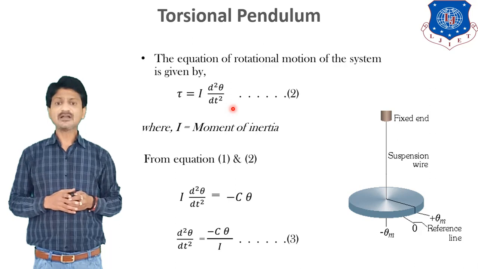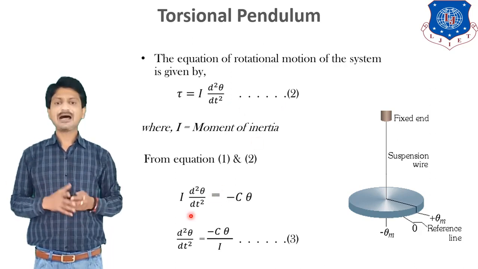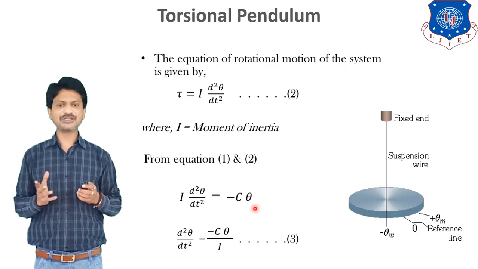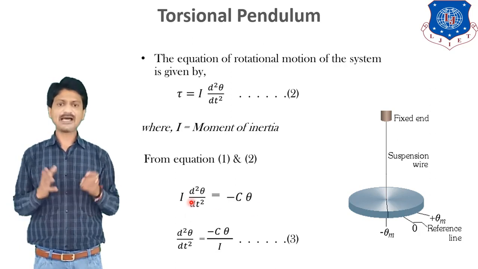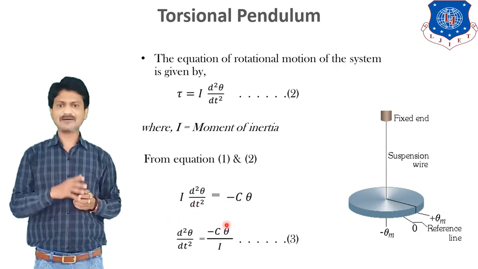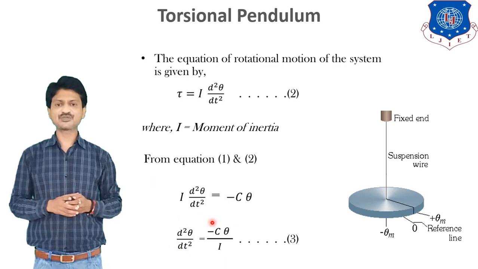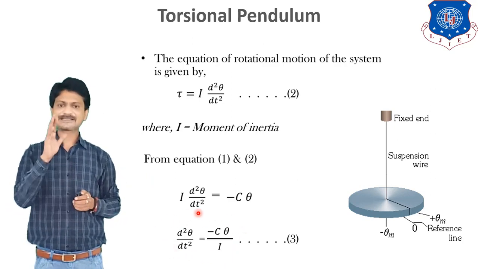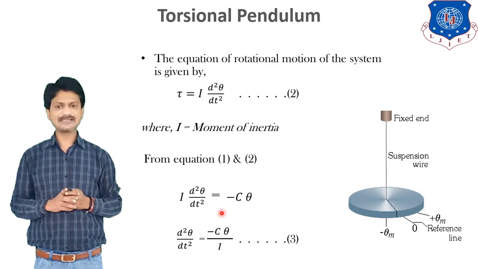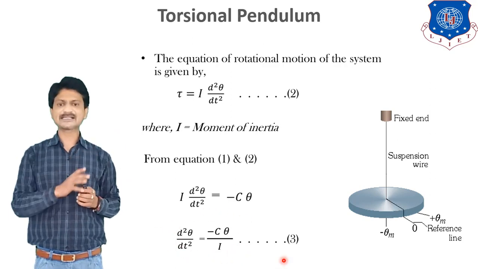From equations 1 and 2, we have I d square theta by dt square equals minus C theta. Dividing by I, we have d square theta by dt square equals minus C theta upon I, where C stands for torsional rigidity, theta is the angle of twist, and I stands for moment of inertia.